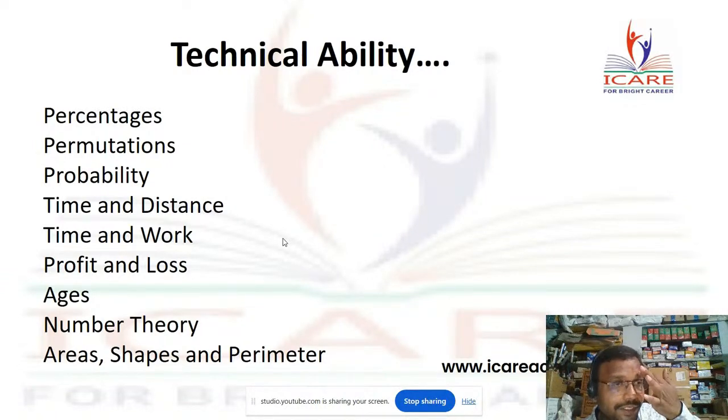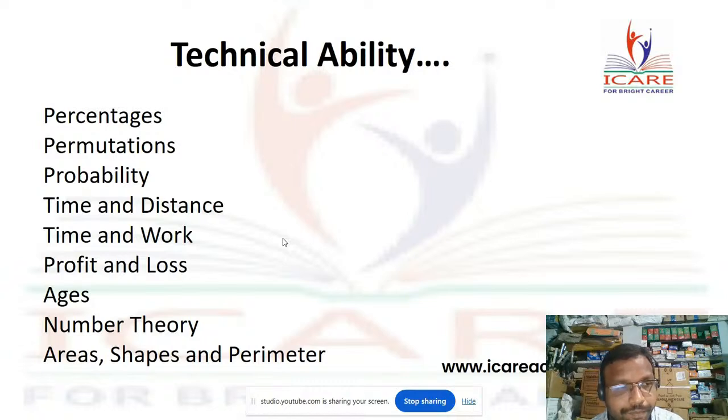These are the three important models we have to focus on in percentages. Permutations: maximum, they may give letters related problems or sometimes ranking related problems.